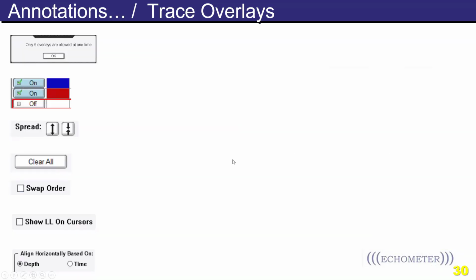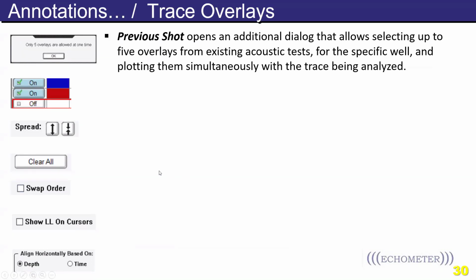And I was talking about how to use the other options in the plot, and you can actually plot a maximum of 5 acoustic traces on top of the one you're analyzing, and that's usually a lot to digest. But on the previous shots, if you attempt to overlay more than 5, the software will have a pop-up window saying, hey, you can only overlay a maximum of 5 acoustic traces.